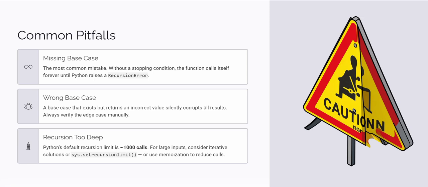For large inputs, consider an iterative solution, like sys.setrecursionlimit. Here you can set the recursion limit, or use memoization to reduce calls. So you can reduce the number of times you are going to call, but you can't go beyond 1000 calls.